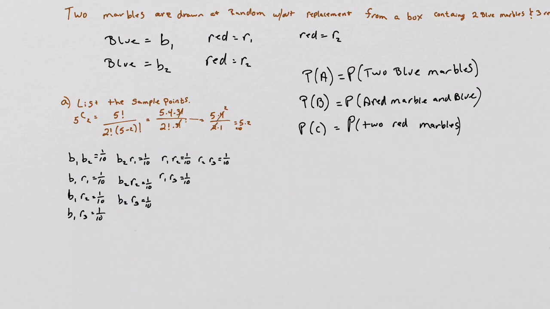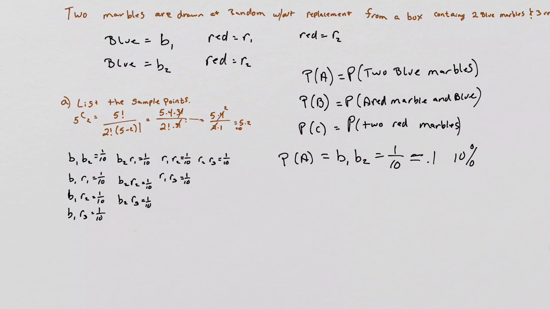The way we're going to calculate this is to find the probability of A. I'm going to write out and add up, because these are mutually exclusive events, all the different ways that I can get two blue marbles. Well, the only way I can do that is B sub 1, B sub 2, which is 1/10. So the probability of event A occurring is 1 out of every 10 times, or 0.1, or 10% of the time. However you want to look at it.